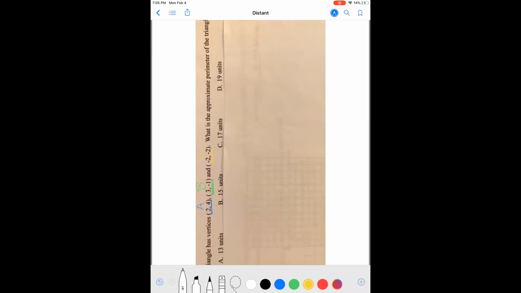Yes. Now, I want to find the distance in between A and B. I also want to find the distance in between B and C. That only gives me 2 lines. What is going to create that third line of the triangle?